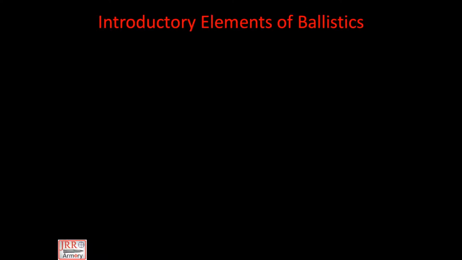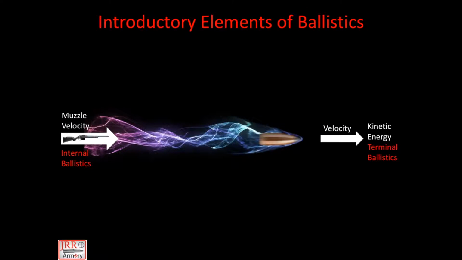I'd like to cover, however, some of the basic elements of ballistics. When the bullet leaves the muzzle, it does so with a certain muzzle velocity, and how we achieve that muzzle velocity is covered in internal ballistics, which is not part of this video. At any point in time, the bullet has a certain velocity and speed, which combined with its mass gives us the kinetic energy.